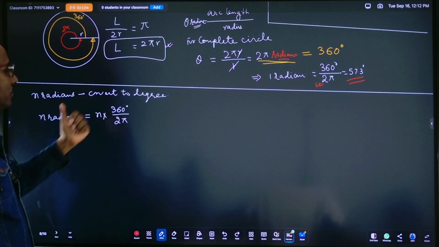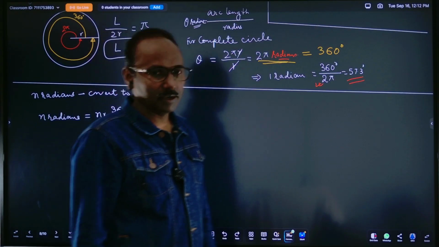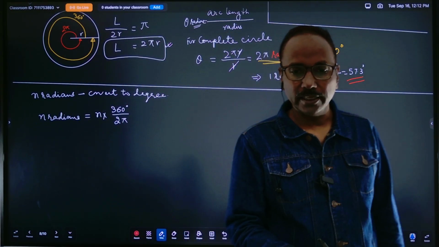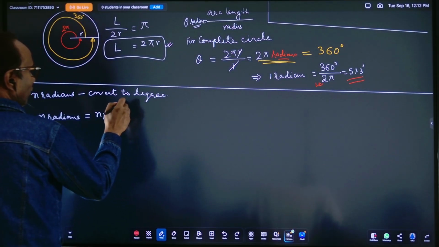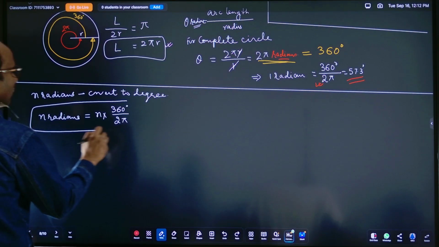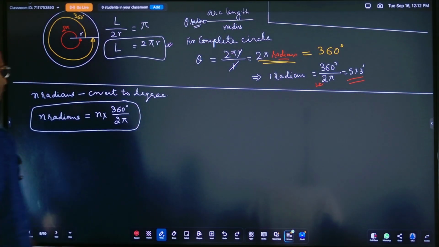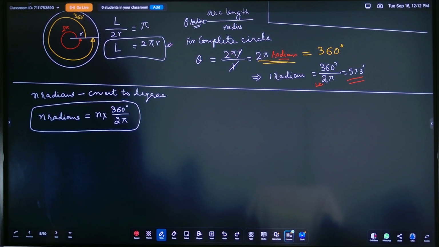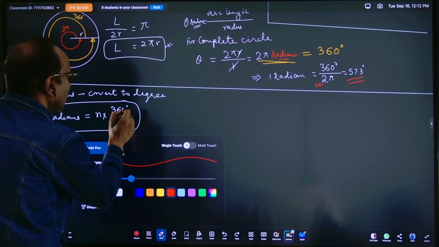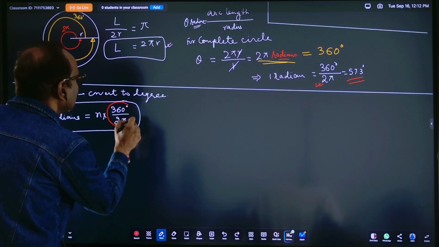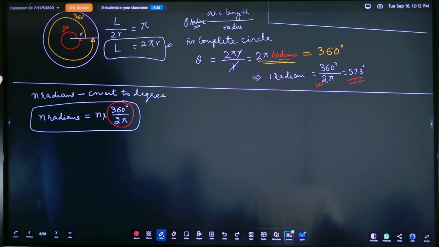Put the value of pi and you will get the angle in degree. So for any radians, if you want to convert to degrees, simply multiply with 360 degree by 2 pi.